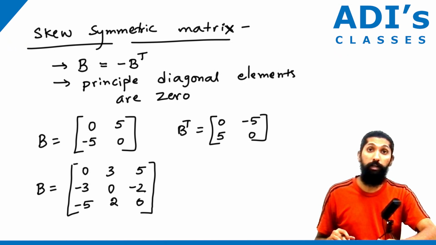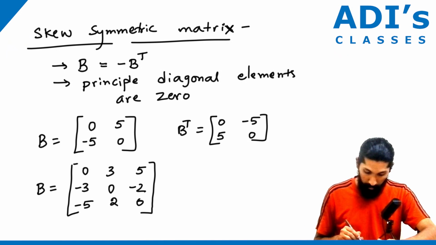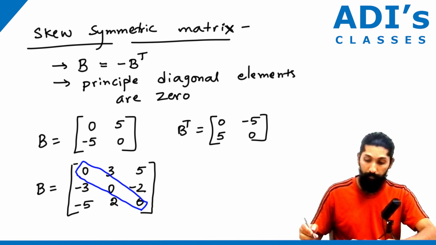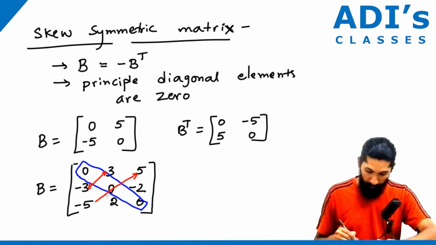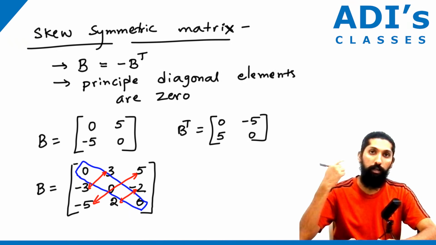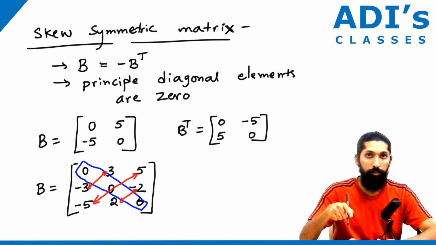This is going to be matrix B. Now if you look at it, matrix B is skew symmetric in nature, because the principal diagonal elements are all 0. Then look at the rest of the things: you have 3, minus 3, minus 5, 5, 2, minus 2. They're all negative of each other, correct? So when you do the transpose, B will be equal to minus B transpose.